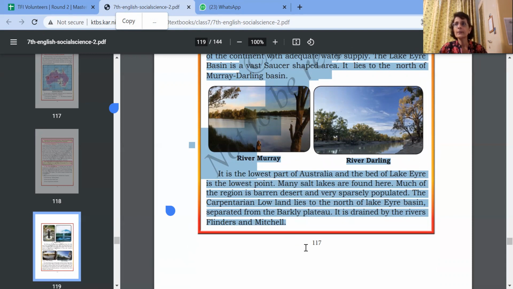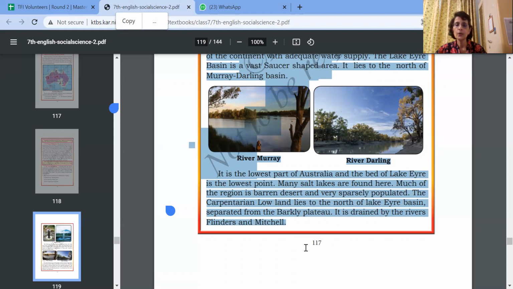Bed of Lake Eyre means जो lake के नीचे जमीन होती है, that is called the bed. So if you take that as a point, it is the lowest point of Australia. Many salt lakes are found here. Much of the region is barren desert and very sparsely populated.